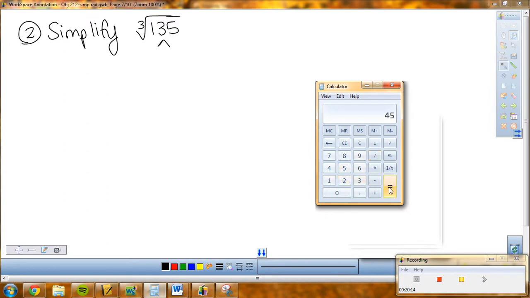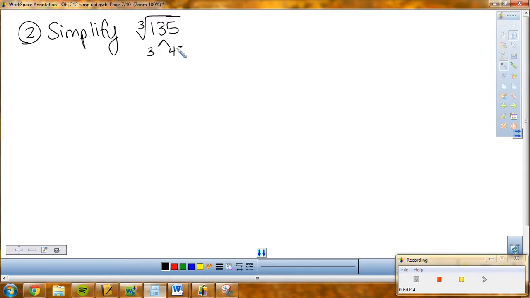I get 45. Alright, so I can use that. So 3 and 45, 3 is prime. And now I need to factor 45. Well, I know that 45 can be 9 times 5. 5 is prime. And I can break down 9 to 3 and 3. So now I have all of my branches circled.